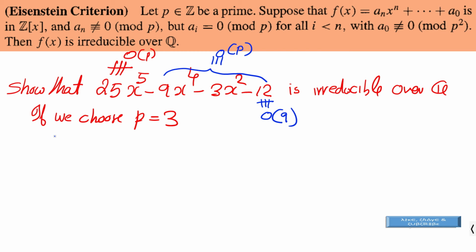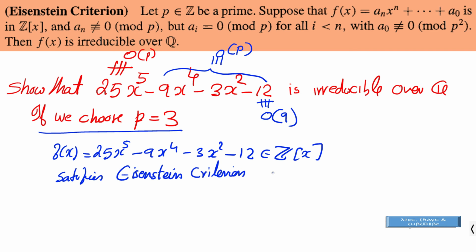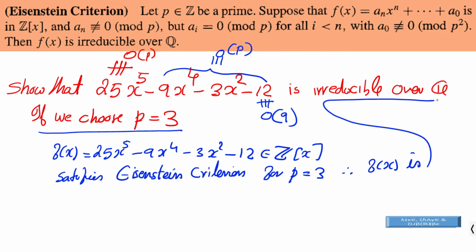So we can see that this polynomial, f(x) equal to 25x^5 minus 9x^4 minus 3x^2 minus 12, which is a polynomial in Z[x], satisfies the Eisenstein criterion for p equal to 3. So which means that it is irreducible over Q.